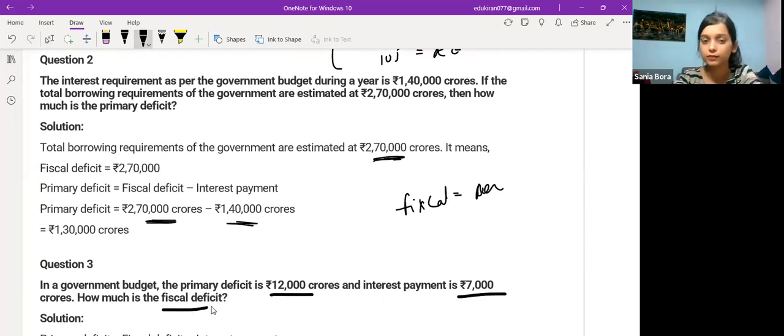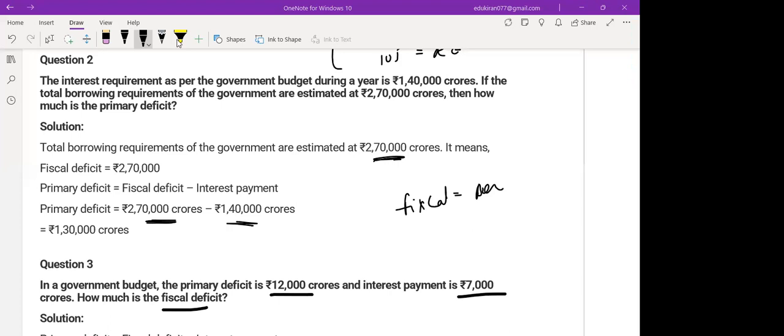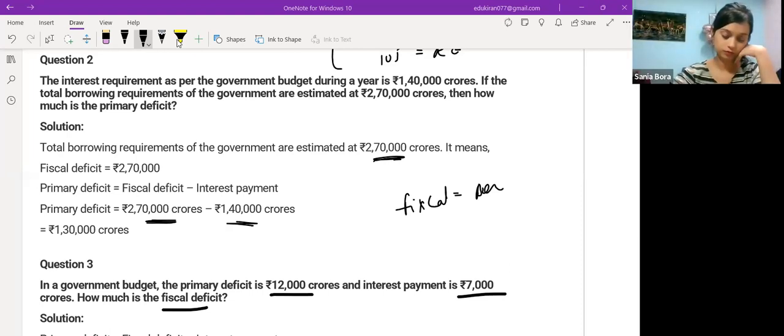So you have to find the fiscal deficit. Ma'am, 19,000.